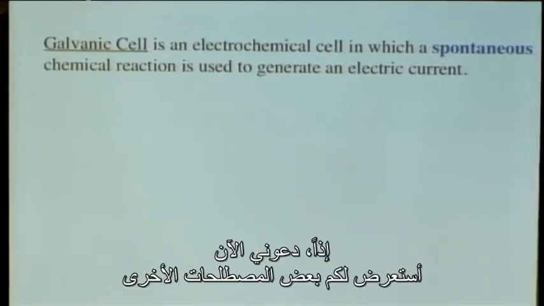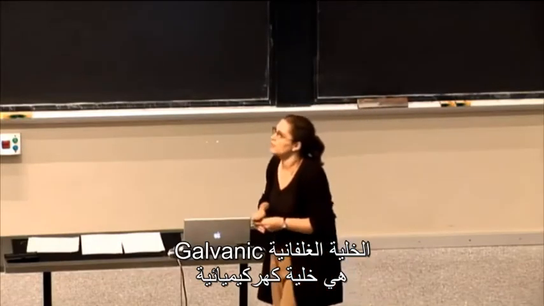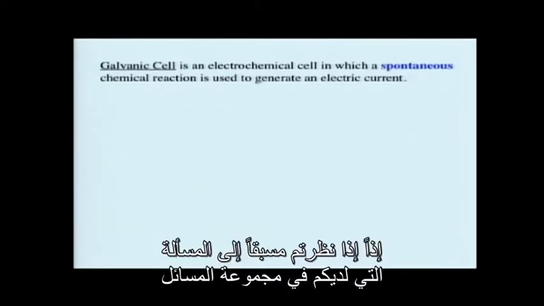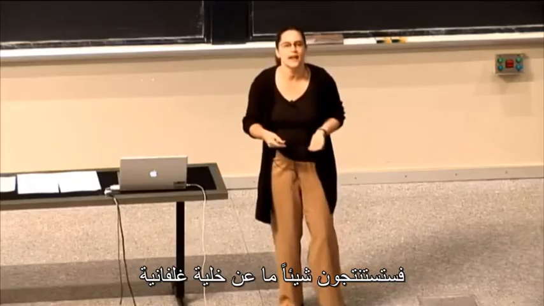So now let me introduce some more terms to you. A galvanic cell is an electrochemical cell in which a spontaneous chemical reaction is used to generate an electric current. So on a problem, which you may have on your problem set, and I've already looked at this, it'll say something about a galvanic cell.